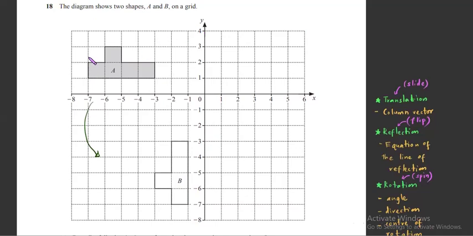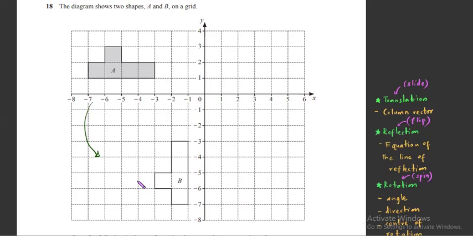Then we are going to draw this shape A on the tracing paper. Then we are going to place the pencil at different points on the grid and rotate it 90 degrees clockwise, 90 degrees anti-clockwise, until the diagram that we drew in the tracing paper coincides with this shape B that is given in the grid.